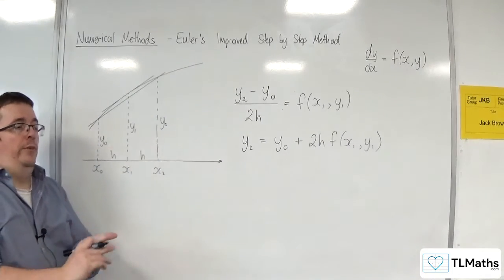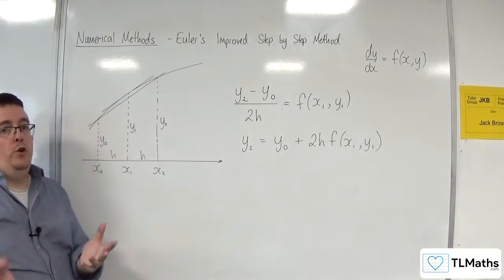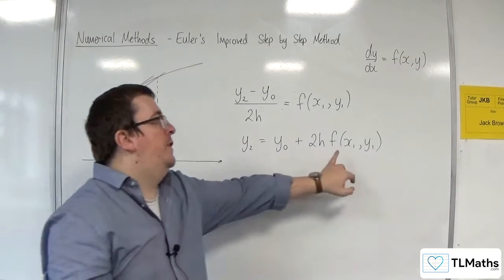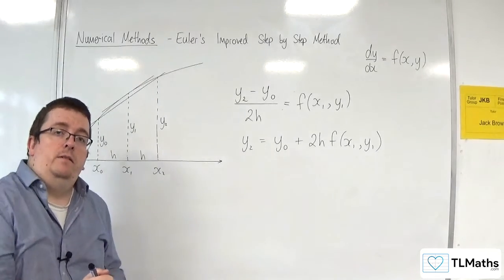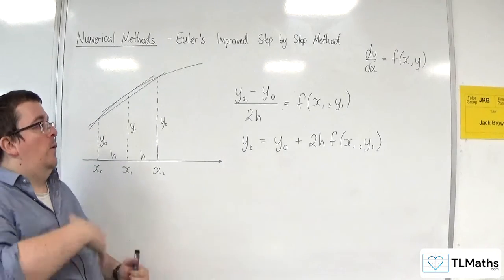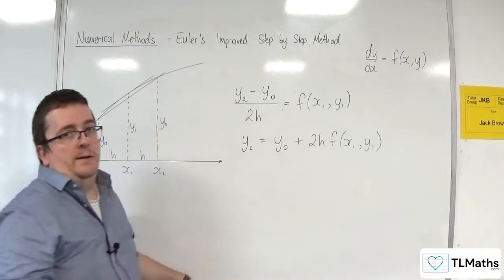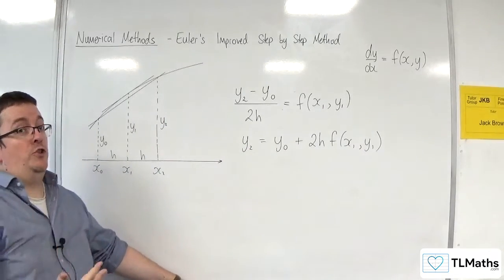Well, I could use Euler's step-by-step method that I've just previously used. So you could have a part A of a question which asks you to find x1, y1 using Euler's step-by-step, and then in the next part, to get y2, you could use this formula instead. Okay? So you could kind of see an exam question formulating here.